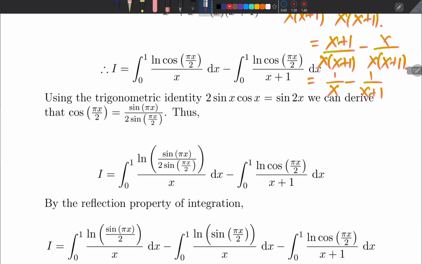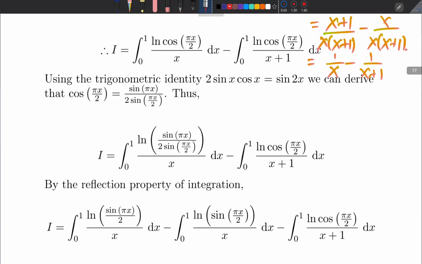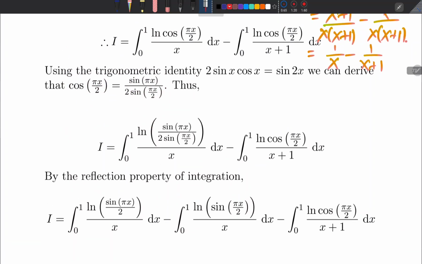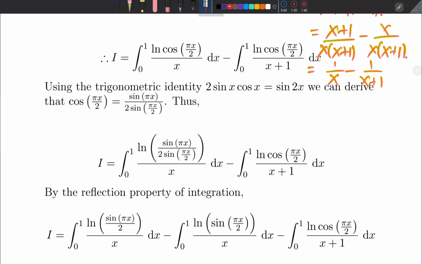Using the trigonometric identity, we know about that. So basically now we know that sine of 2x is 2 times sine of x cosine of x. Now what we have to do is replace x with pi x over 2.